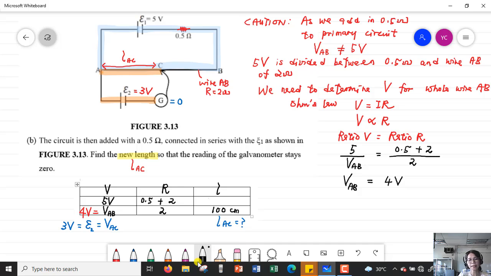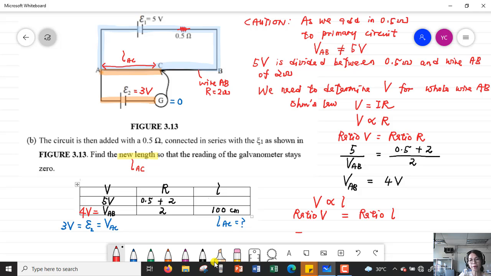So VAC is 3 volts. We want to find the new length, so we apply that voltage is proportional to the length. So we use the ratio of voltage equal to the ratio of length.